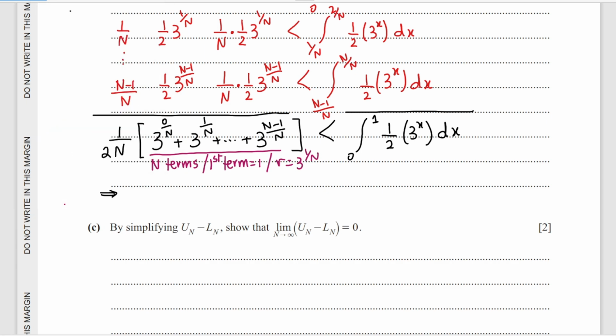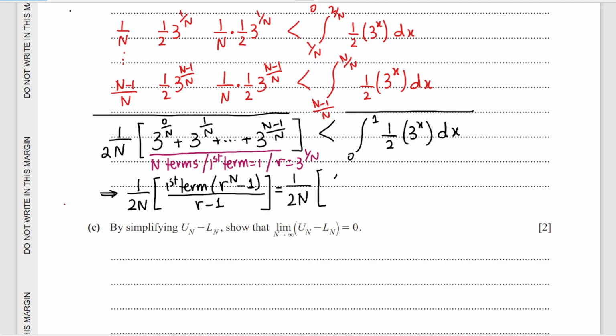So we will apply the same rule as before, 1 over 2n into first term times (common ratio to the power of n minus 1) over (r minus 1). This is equal to 1 over 2n into 1 times (3 to the power n over n minus 1) over (3 to the power 1 over n minus 1).